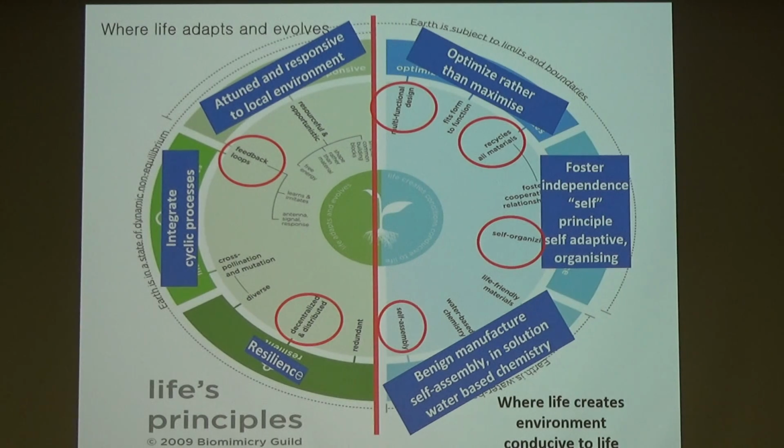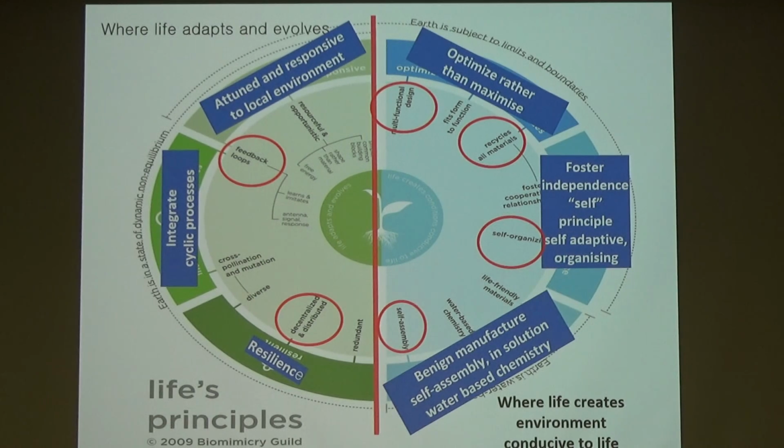It's not simply copying something that's already there in nature, but using these life principles. So I've said a lot of good things about biology and life. And so, highlighted here are some of the key principles that we can learn and implement.